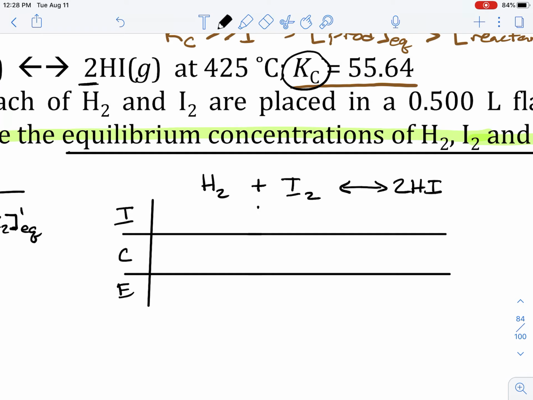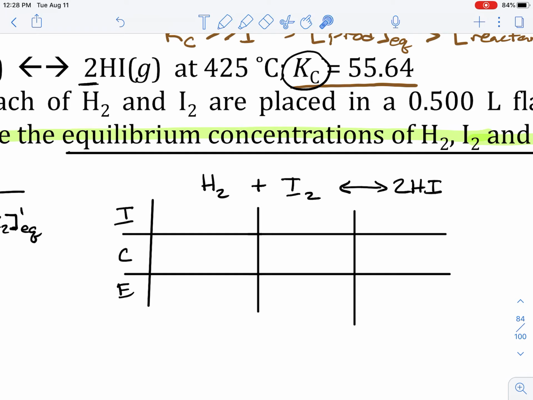So notice that I'm building essentially 4 columns, right? The first column is for I, C, and E, but each column is going to represent the substance that's in my balanced chemical equation.